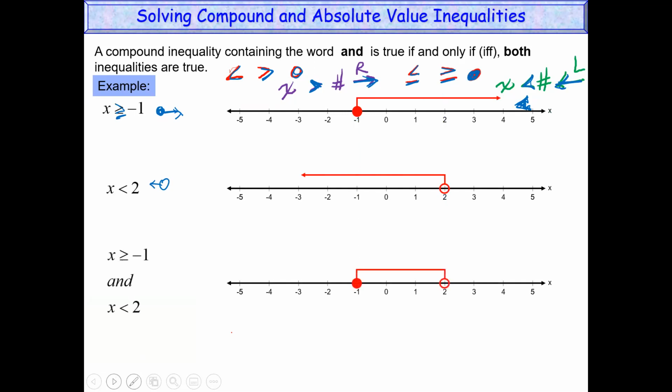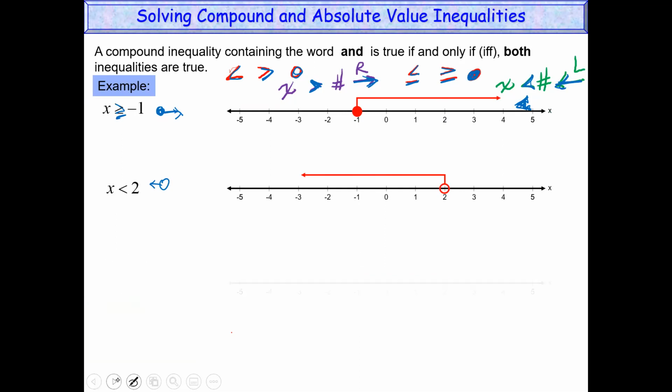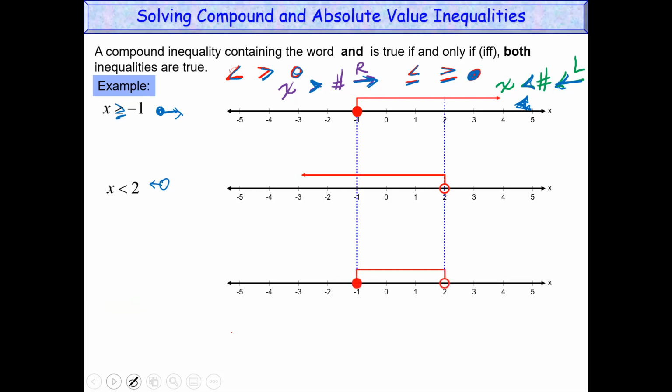If you were to take the 2 previously and put them together like this, that will be a compound inequality. You're essentially taking the first example and the second example and seeing where they're overlapping. So this is an and inequality.